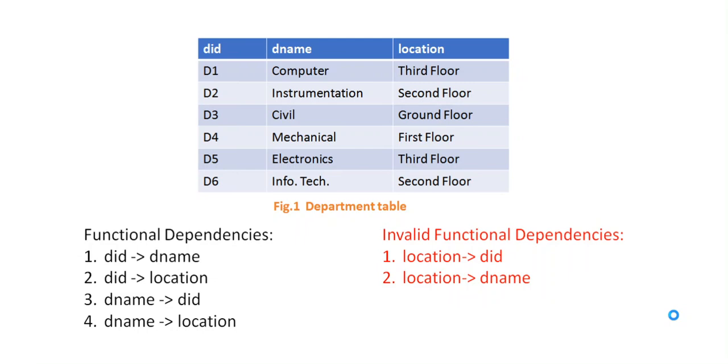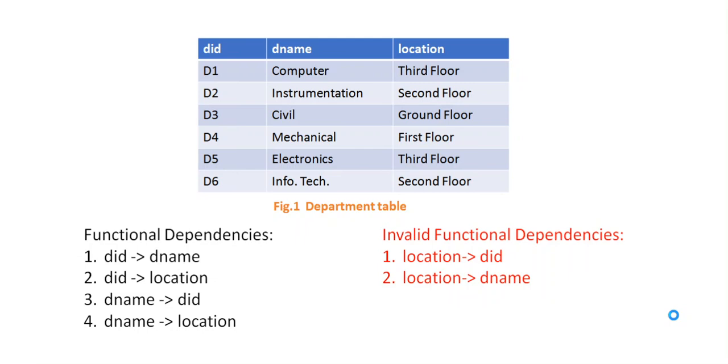Now from these functional dependencies you can say that department ID is a primary key, because by using department ID you can identify each row uniquely. Similarly, department name is also a key, because from department name you can identify department ID uniquely, and you can uniquely identify location.